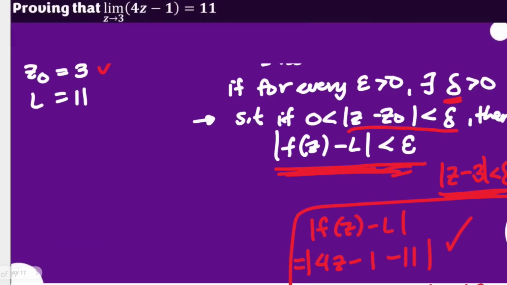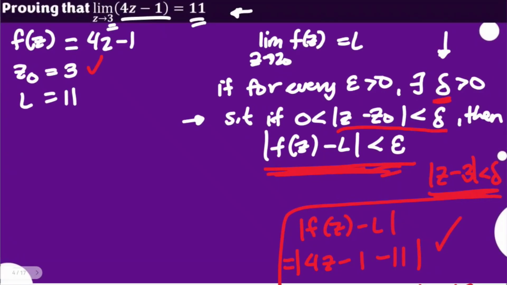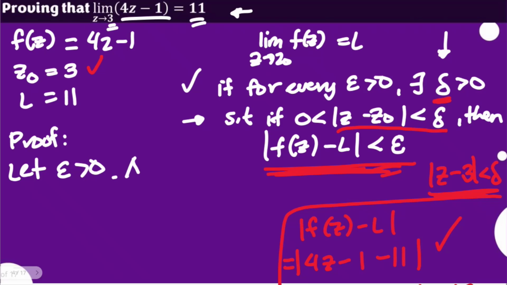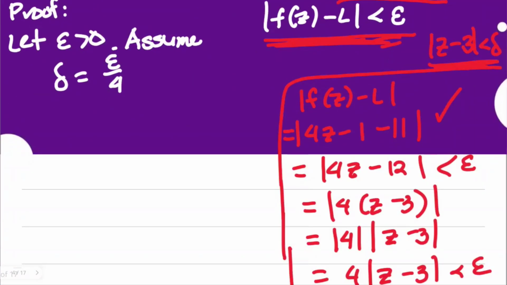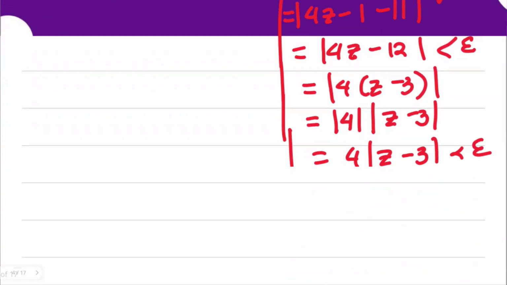Okay, so what we need to do now is to write our proof. Of course, we need to let epsilon be greater than 0, as that is what the definition needs. Now this time, we're going to assume delta is equal to epsilon over 4. So what is the origin of that? It's actually here.